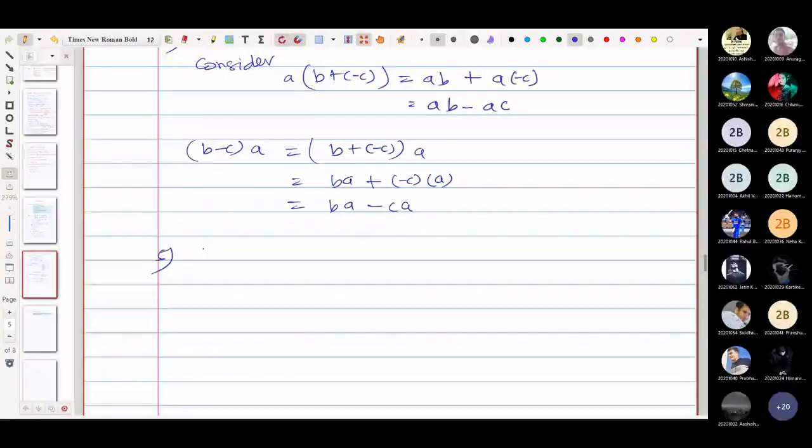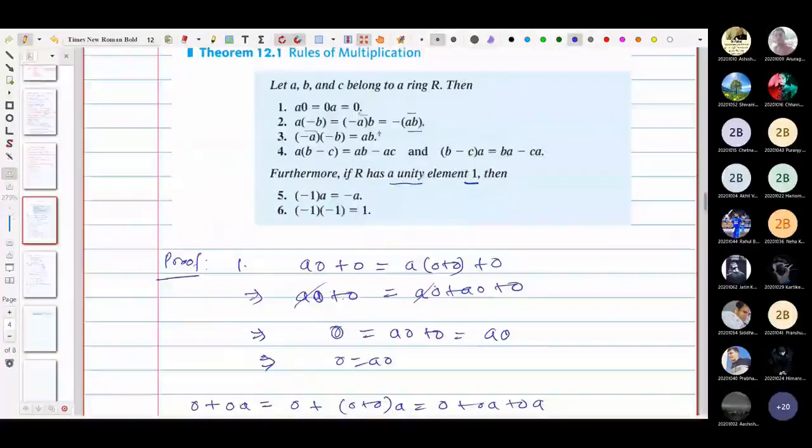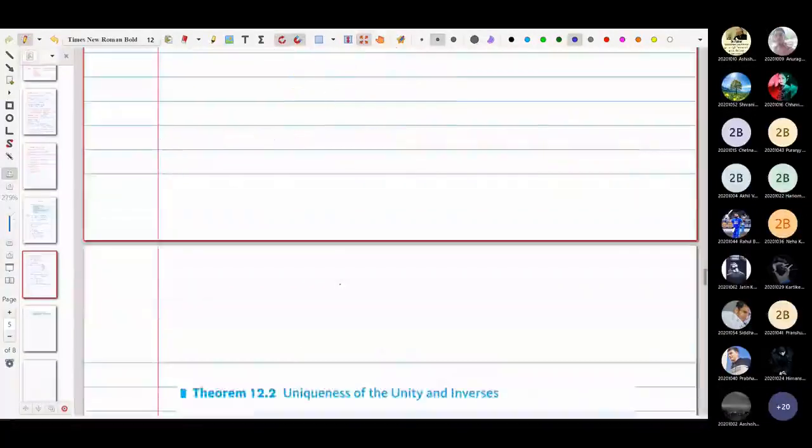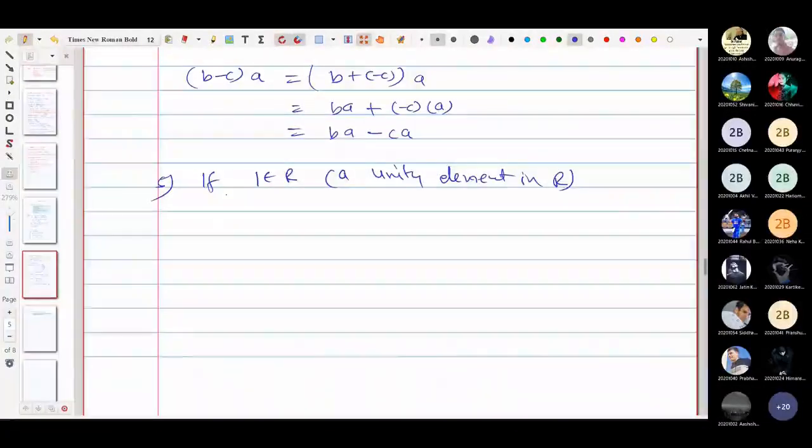So if 1 belongs to R, what they are telling is that (minus 1)a equals minus a. So we need to prove minus 1 times a equals minus a. You know, we have seen (minus b) times a equals minus ab.